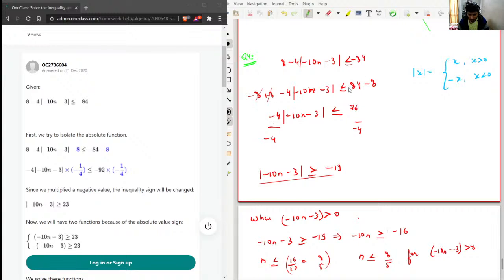So I'll just make the corrections. This will be negative of 4692, and this will become 92 by 4, 23, so it will be minus of 23 minus, and minus minus will become plus.